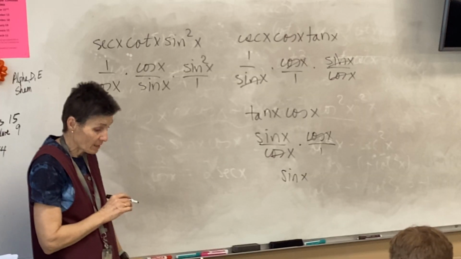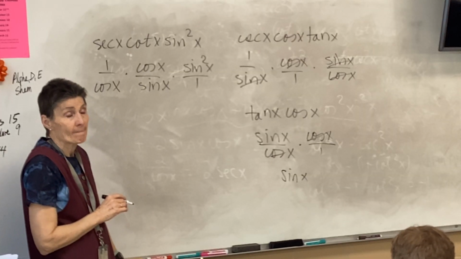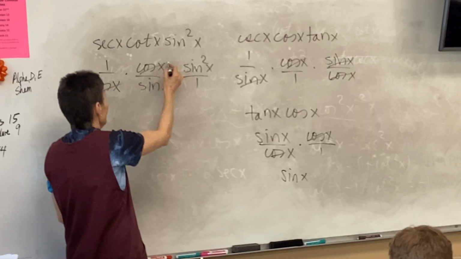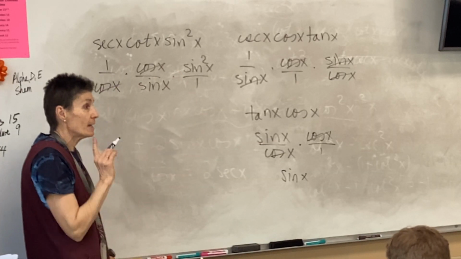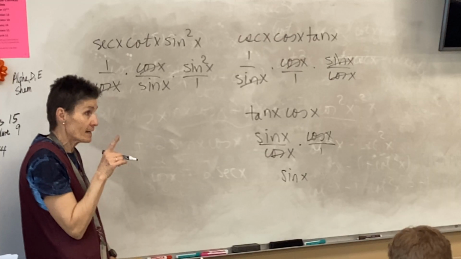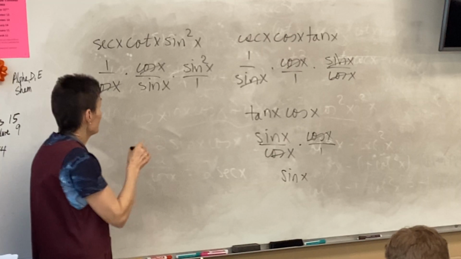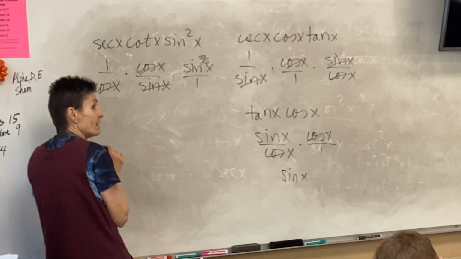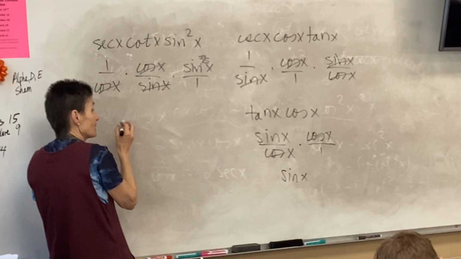We're on problem number 8. Cosines cancel. And one of the sines will cancel. So that one will cancel with one of those, and the answer is sine.